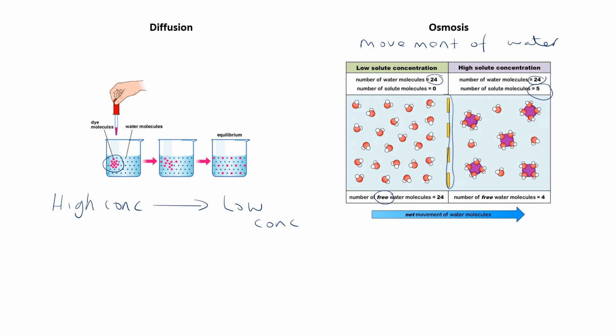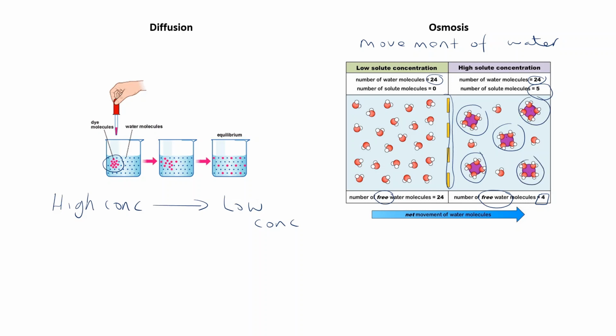However, the number of free water molecules is much, much lower in the side that has the solute, because what will happen is that water will associate with the solute particles and thus isn't free anymore.